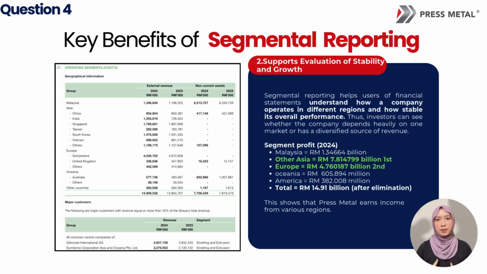This shows that the company earns income from various regions. Therefore, if one region faces an economic slowdown, the company can still maintain stable overall performance through stronger sales in other areas. This is consistent with the objective of FAR570, which is to help investors and analysts understand the financial effect of company operations across different economic environments.